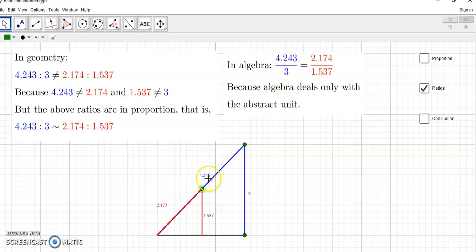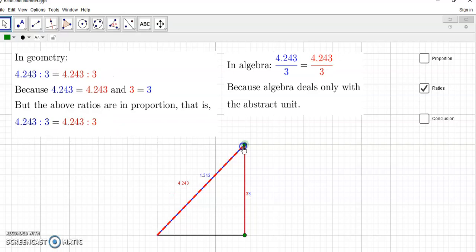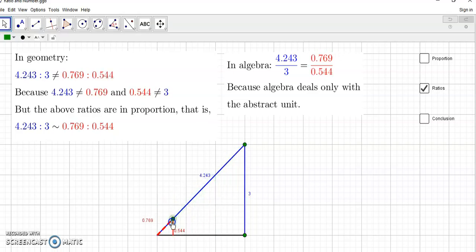So in algebra, all these fractions, which are ratios of numbers that are multiples of the chosen unit, whichever unit you choose. In algebra, it doesn't matter, because algebra deals only with the abstract unit. So it doesn't matter wherever you are over here. Algebra will only worry about the abstract unit, whose size is completely irrelevant.